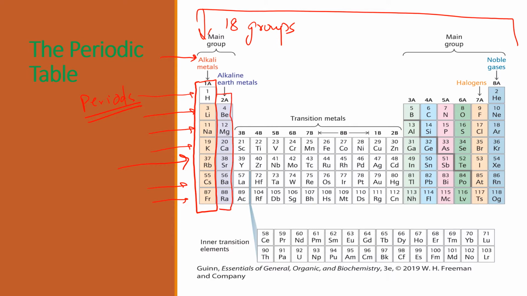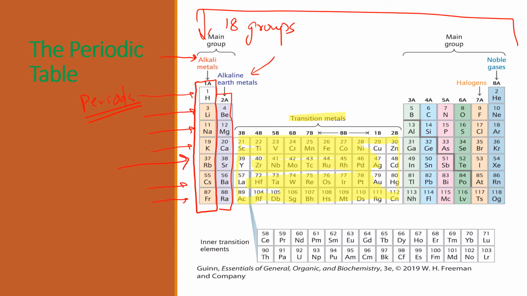The name of this group of metals is alkaline earth metals. All the metals in the middle of the periodic table, from here to here, this section, are known as transition metals.